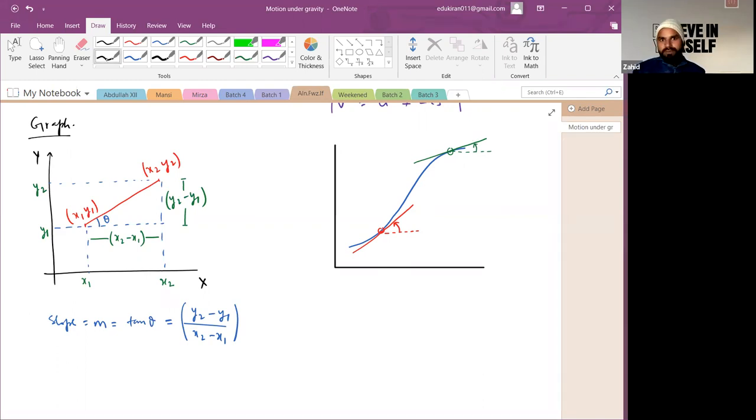So whenever you have to calculate slope to any curve, just draw tangent to that given point and define its inclination with respect to x-axis. So this will be tangent. Using equation dy dx, that is differentiation of y with respect to x, will define you tan theta, or for any curve, it will define you tangent to the curve.